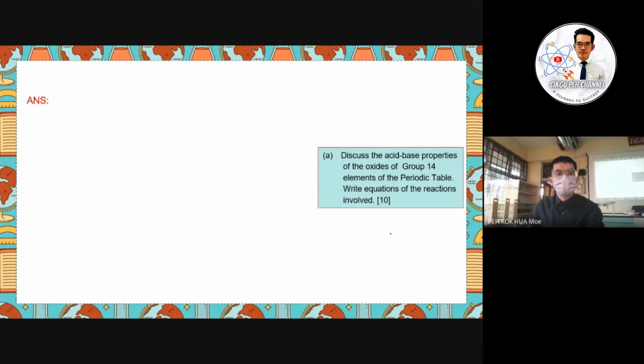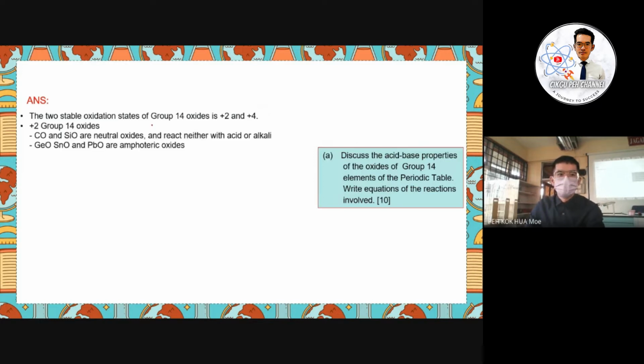So here you can see the reference answer for this question. Firstly, as I mentioned, you have to give the two oxidation states of group 14, which are +2 and +4. And then we discuss the +2 group, which is the monoxide. As per the table just now, carbon monoxide and silicon monoxide are neutral, so they will not react with either acid or alkali.